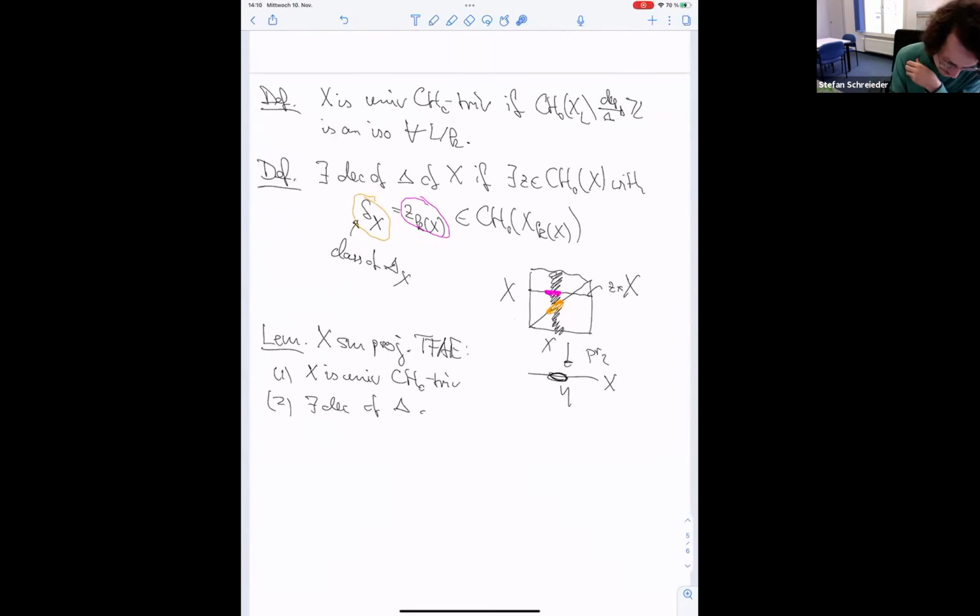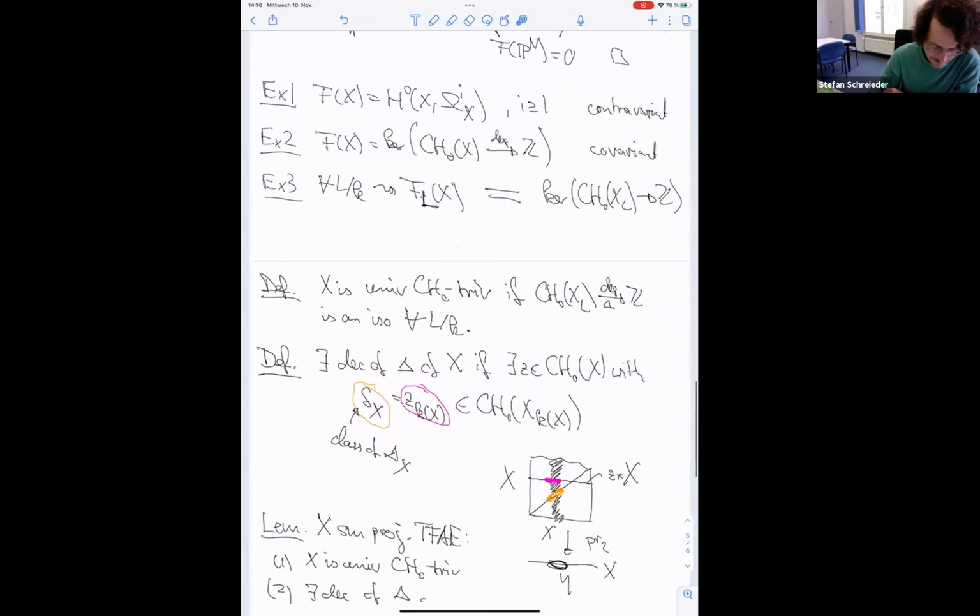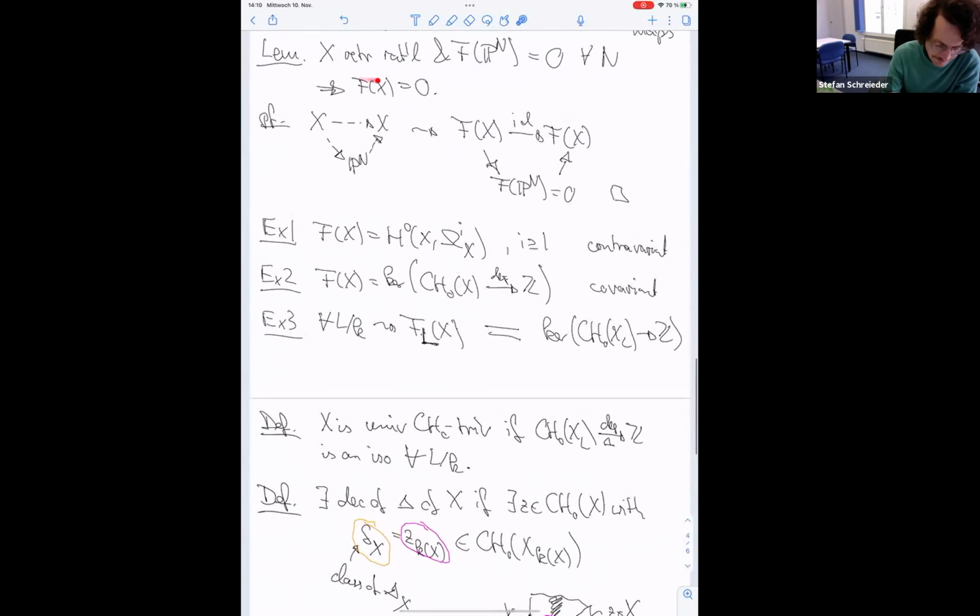So what I would like to know is whether the quartic has a decomposition of the diagonal, or equivalently, whether it's universally CH_0 trivial. And if it is not, then this functor is not trivial on this X. And then by the lemma, X was not retract rational.